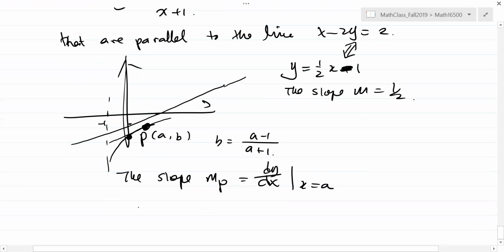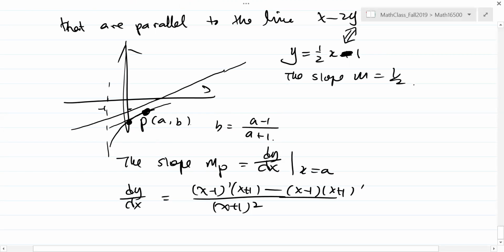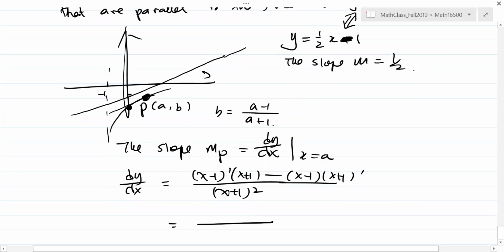All right, so I'm going to find the derivative. It's going to be (x plus 1) squared in the denominator, with (x minus 1) prime times (x plus 1) minus (x minus 1) times (x plus 1) prime. So the answer will be (x plus 1) minus (x minus 1), which is 2 over (x plus 1) squared.